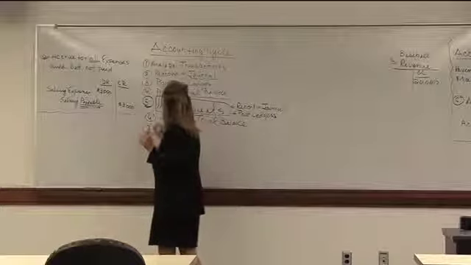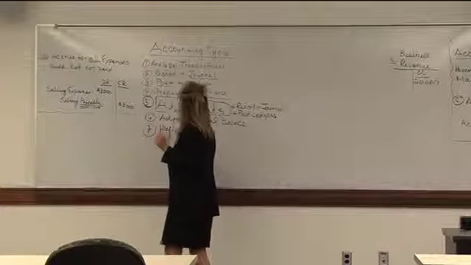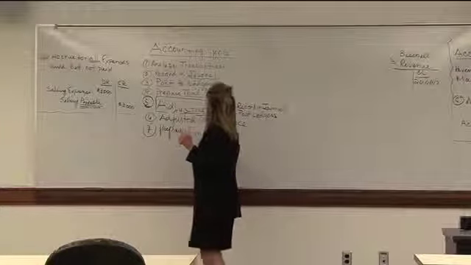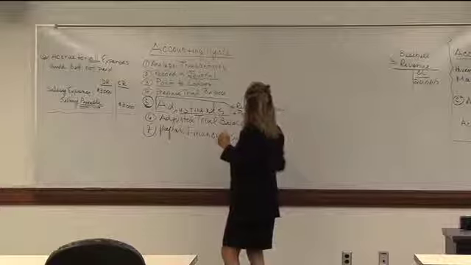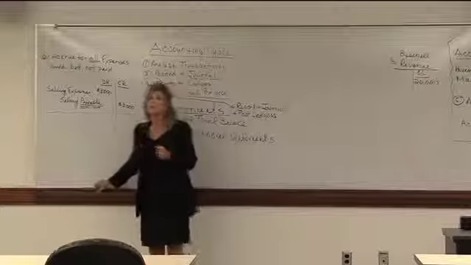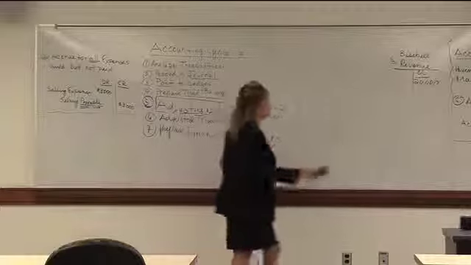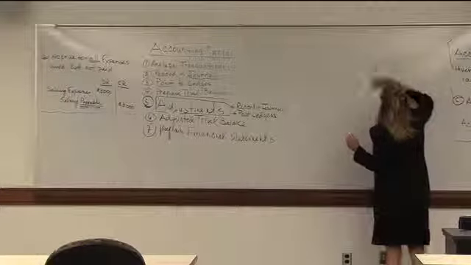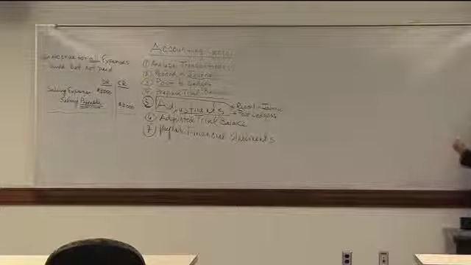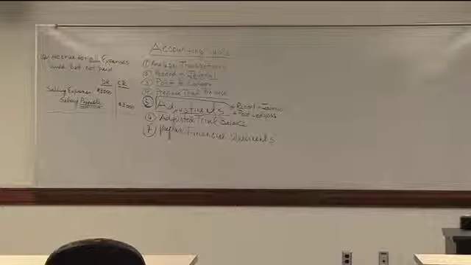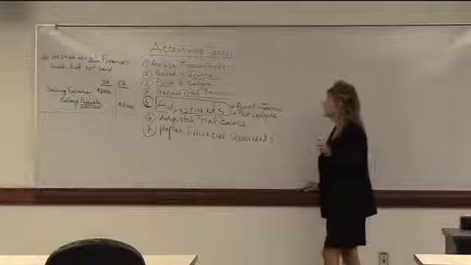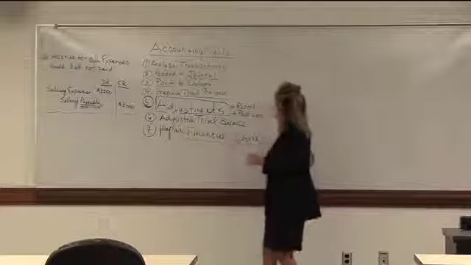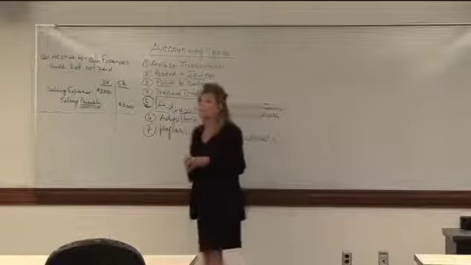And now we're ready to finally tell the story. And we tell the story by financial statement presentation. And it's very important that when we prepare financial statements, the financial statements are consistent with what is assumed to be the appropriate formatting.